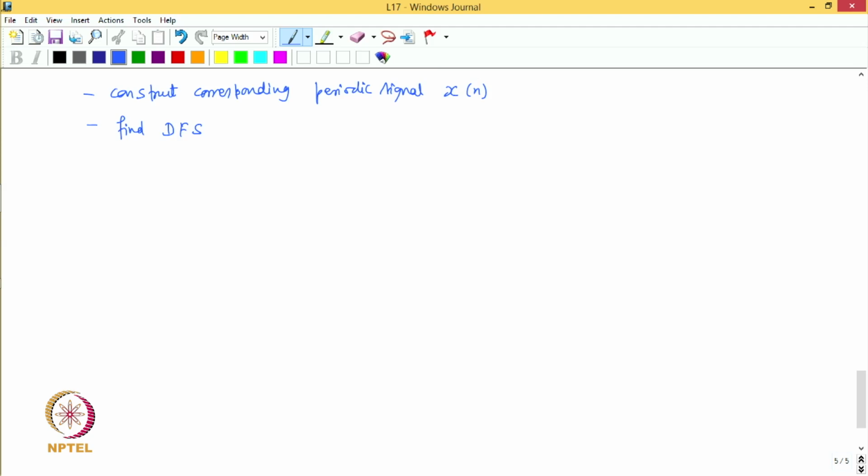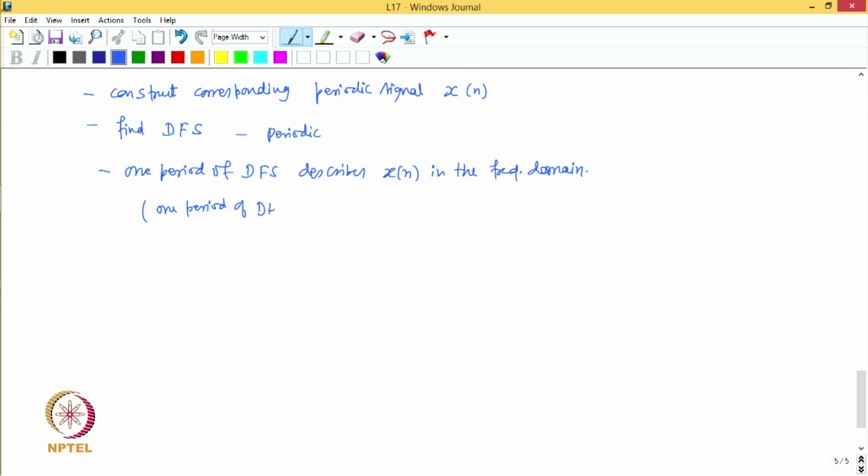The discrete Fourier series is periodic, and one period of the discrete Fourier series can be used to represent x[n] in the frequency domain. So one period of DFS describes x[n] in the frequency domain. Therefore, one period of DFS is referred to as the discrete Fourier transform, DFT.